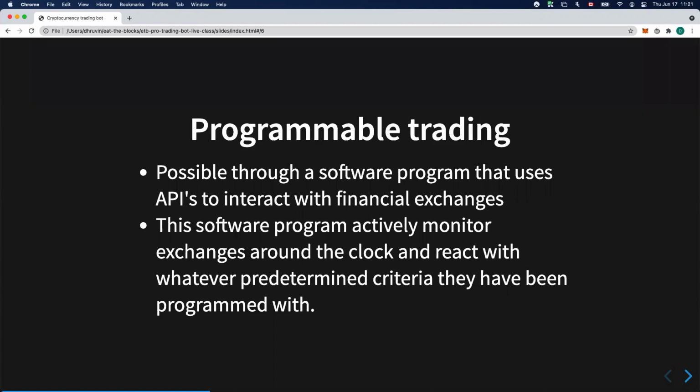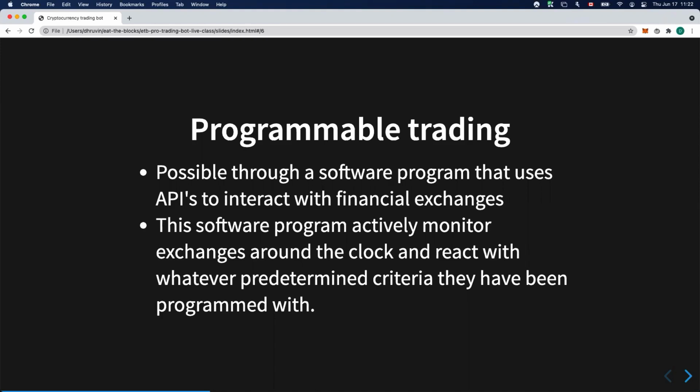For that we need an API, which stands for application programming interface, and each and every exchange has its own way of communicating and its own way of fetching historical data, creating orders, getting the deposit address, fetching the balances of the assets that you have, and so on and so forth, right? That is not uniform across all the financial exchanges.